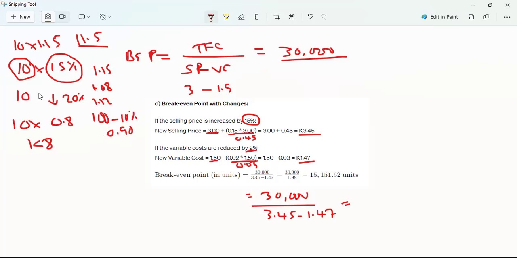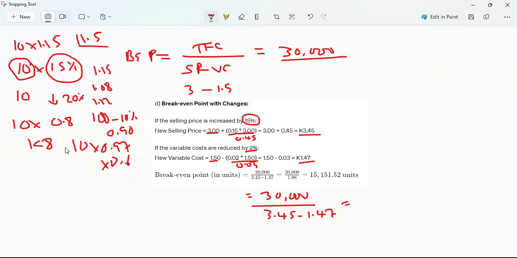If it was reducing by 3%, that's 97%, so you multiply the 10 kwacha by 0.97. If it was reducing by 40%, that's 60%, so you just multiply by 0.60.